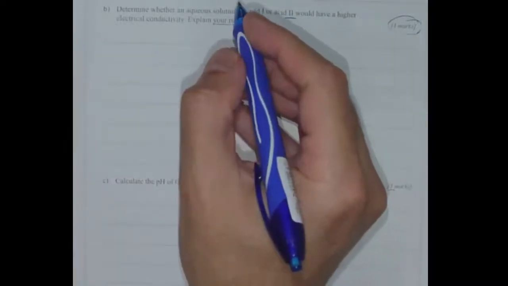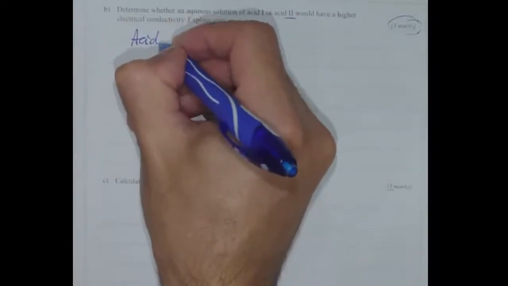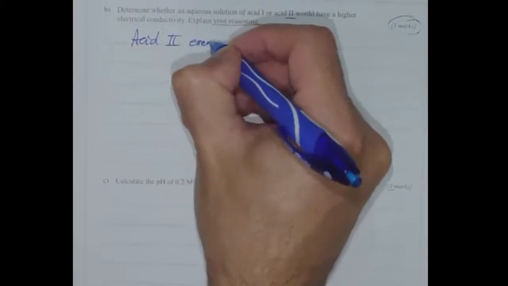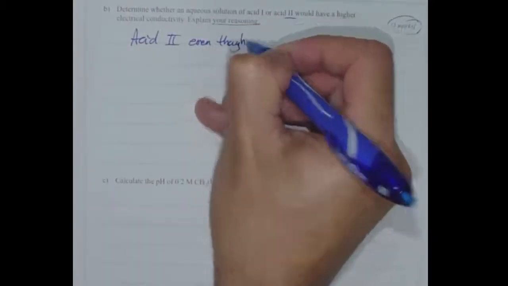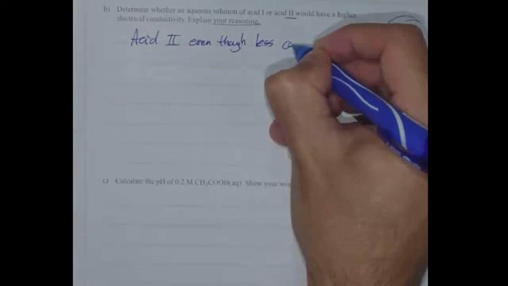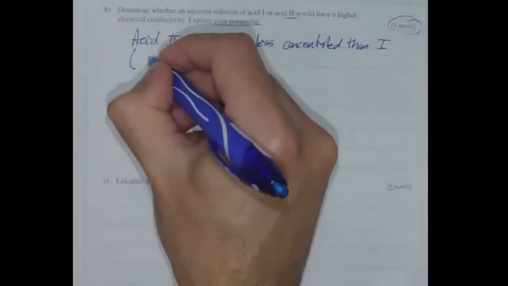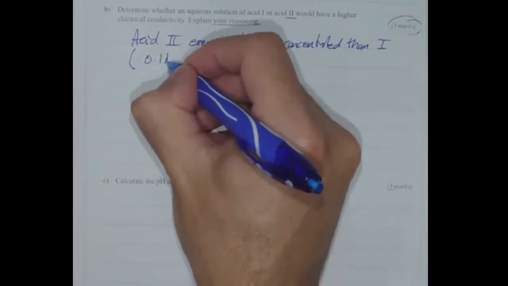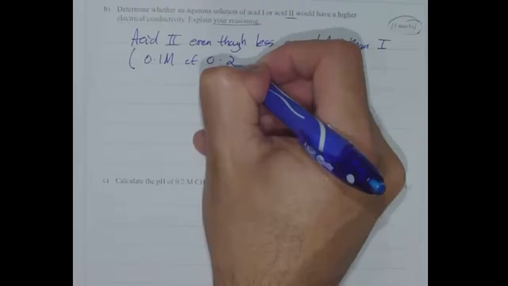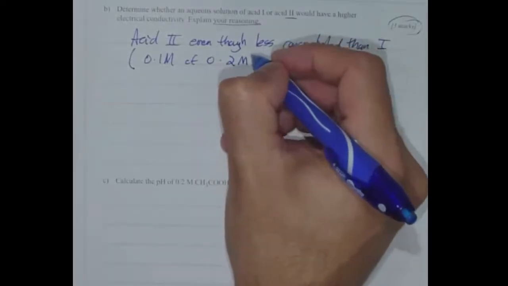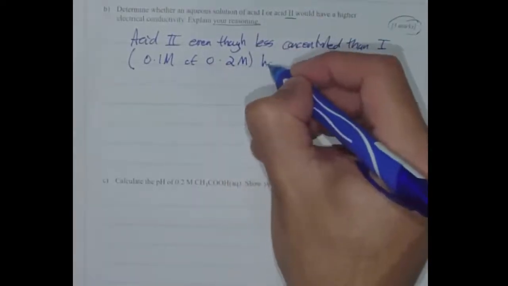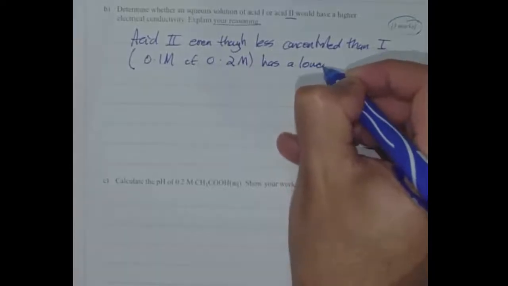All right. So acid 2, even though less concentrated than 1, so that's 0.1 molar compared to 0.2 molar, has a lower pH.